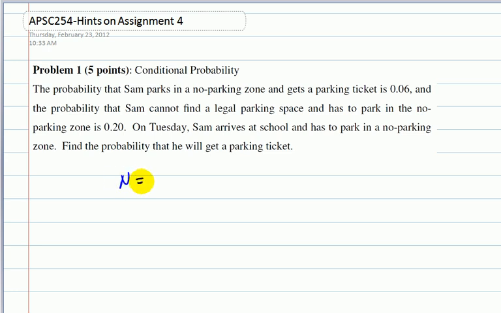So you can define basically two events. For example, let N equal parking in a no parking zone, and you can let T equal getting a ticket.